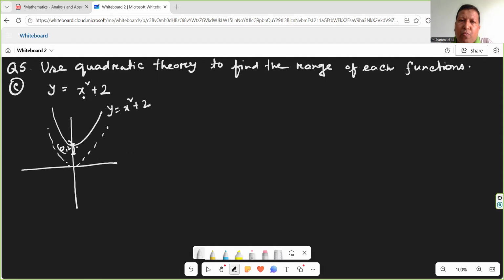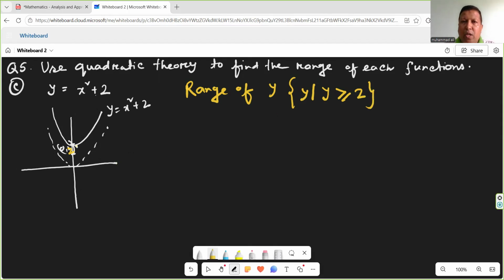So when you want to work with this type of quadratic, you need to have a very good idea about quadratic curve shapes. This curve passes through the point 0, 2. So what is the lowest value of this curve? This is 2. So we have to write range of y such that y greater than or equal to 2.